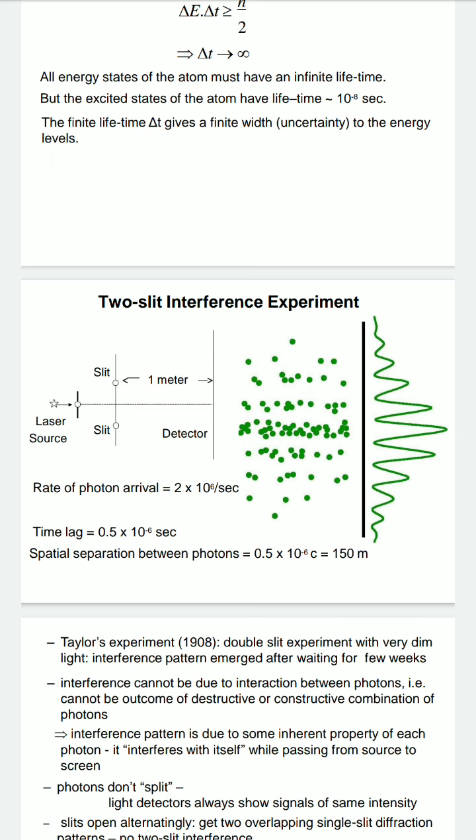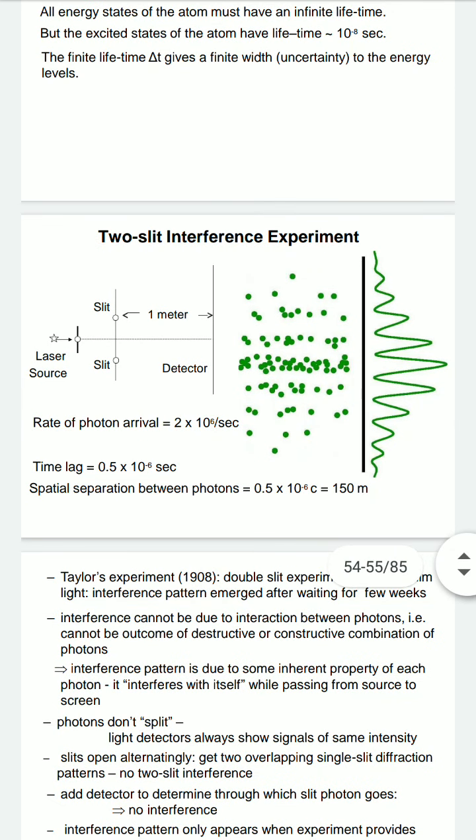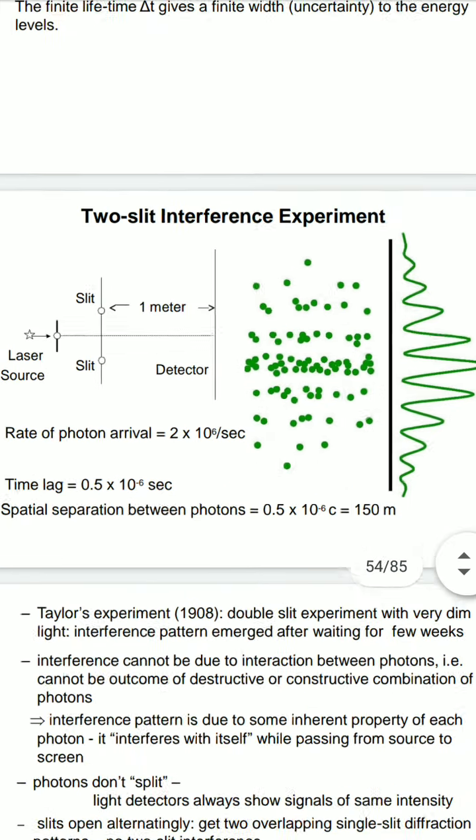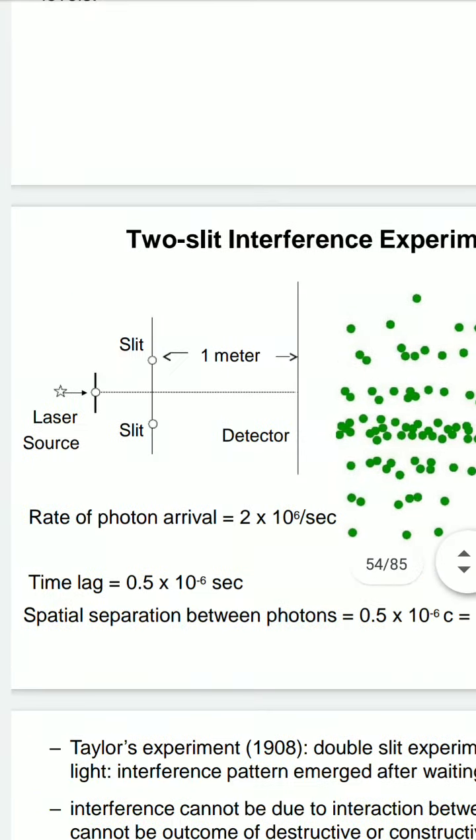You have already studied it in your plus 2 classes itself, that if you have a laser source which is shining on two slits which are very close to each other, then you can see here the experiment setup.